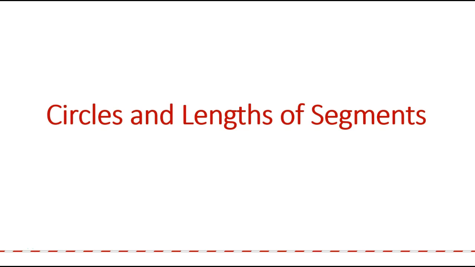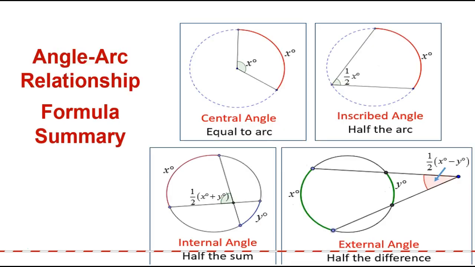We are going to try to record this video for you to review for the quiz and test. So chapter 9. The summary of the arcs and relationship between arc length formula. Again, a central angle is equal to the arc measure if the angle is formed at the center of the circle.